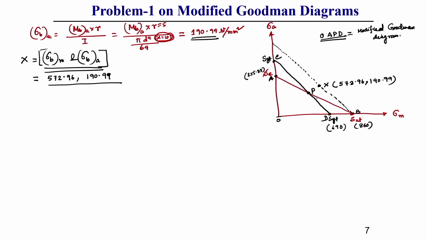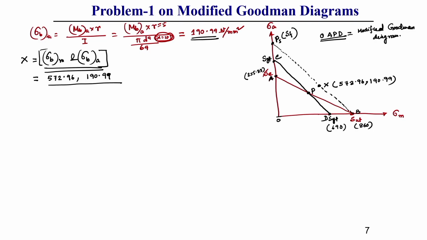Where this line cuts the ordinate, let us consider that point P1. P1 will give us the fatigue strength value of that component. Understand?